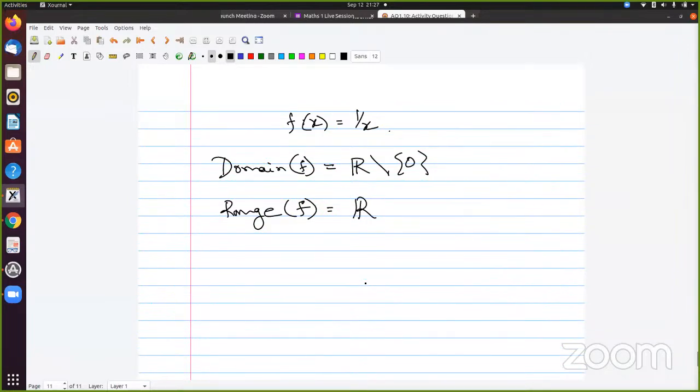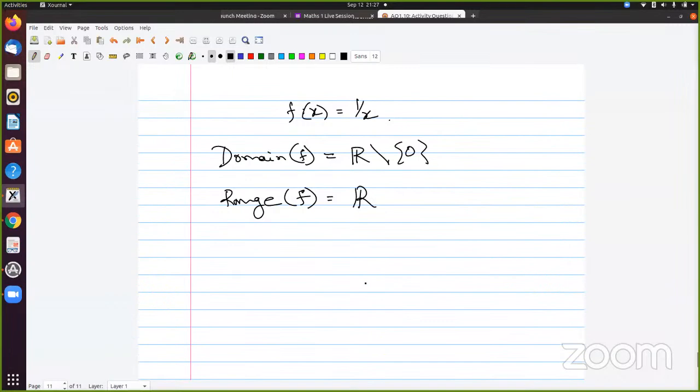Can we get 0 as an answer for this function? That is what I am going to ask you next. Can you get 0 as an output for this? No, sir. Because we can go tending to 0, but we cannot get exactly 0.